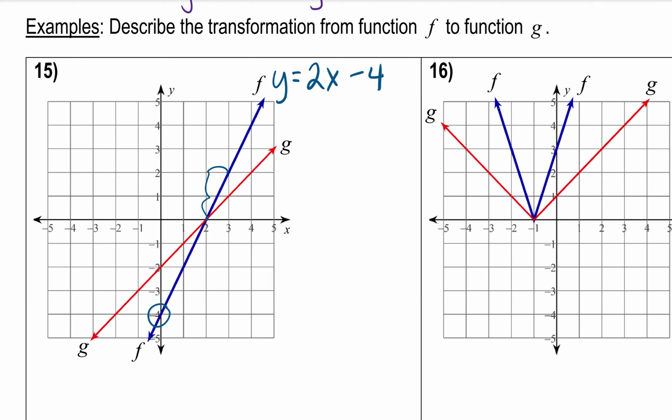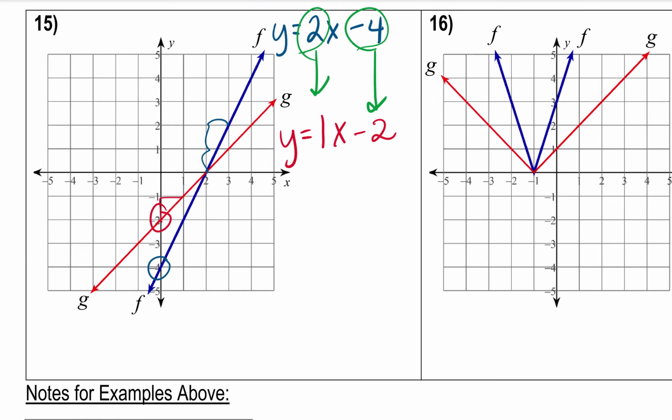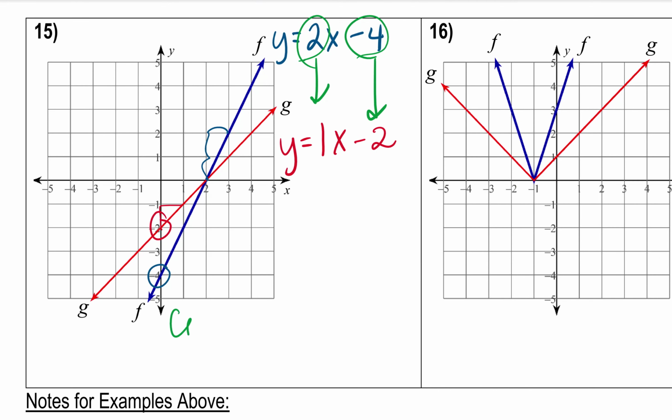And then my red one is y equals, my slope is up 1 over 1, so 1x. And my b is negative 2. So I want to know what I divide by to go from 2 to 1, or to go from 4 to 2, right? So of course for either one of those, I'm dividing by 2. So I would say compress by 2.